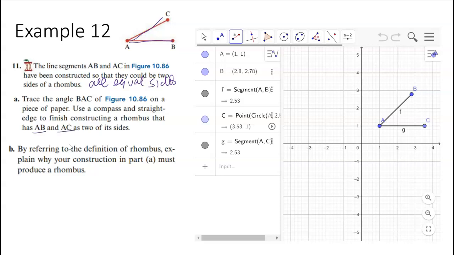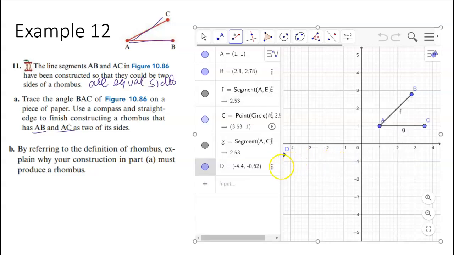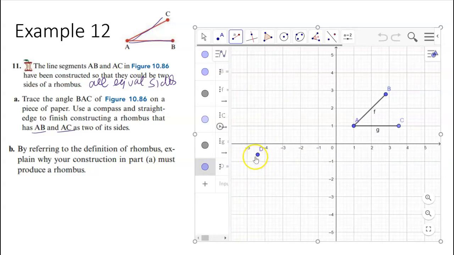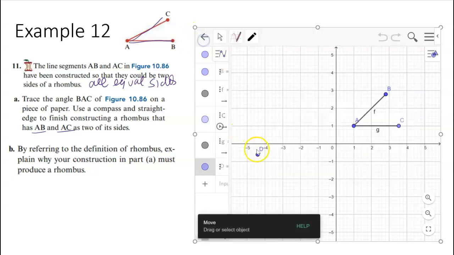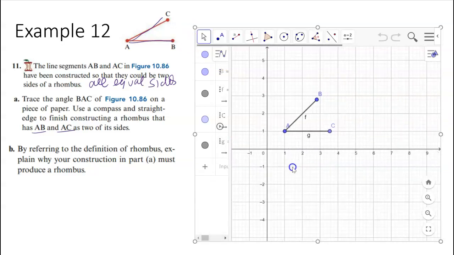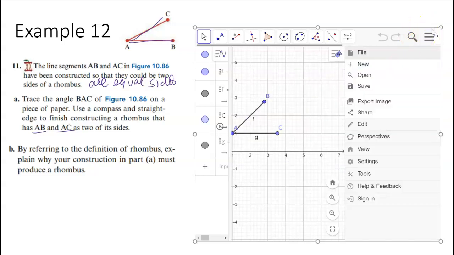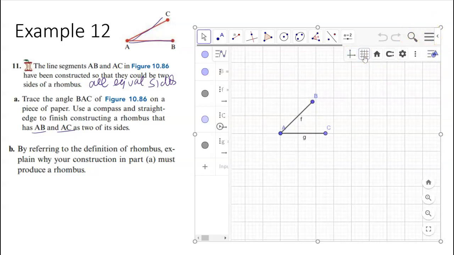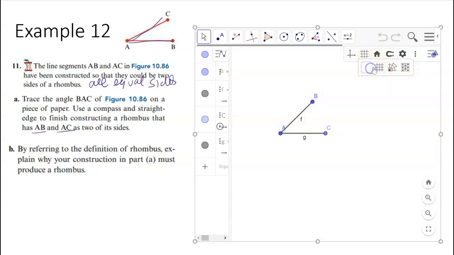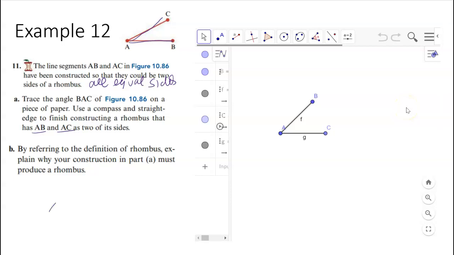So, okay, let's think about this for a second. If I want this triangle, let's go ahead and move this over here, and let's get rid of this guy here. Let's move this over. And we don't need the axis or the grid really. Okay. So now let's see, if I was to just draw this, we want 2 more sides, and we want these 2 sides to be equal.